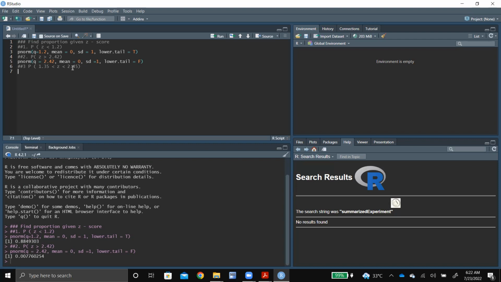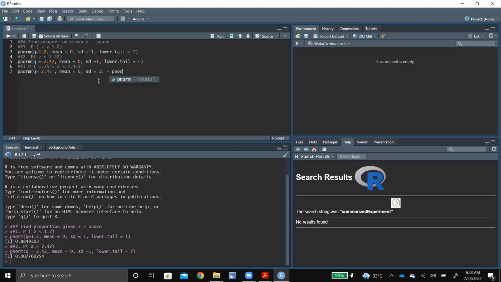So to do this in R, we can do pnorm(q = 2.45, mean = 0, sd = 1). Since I am finding the less than type, I am omitting lower.tail equals TRUE because that is the default. From that, I will subtract the lower bound that has been given to us, that is 1.35.